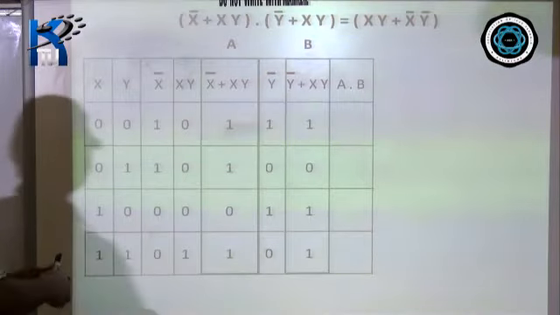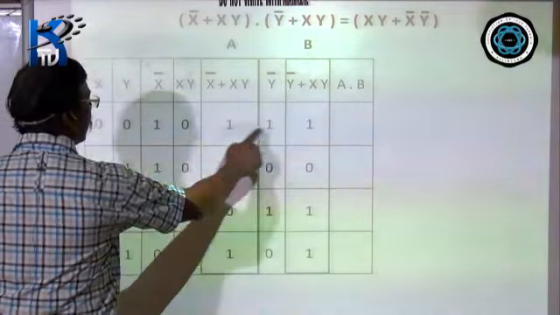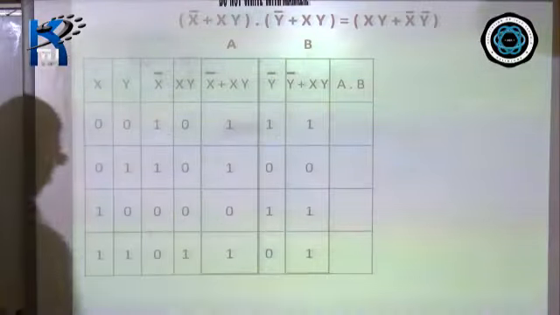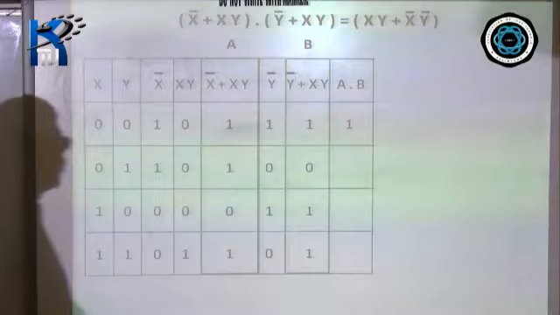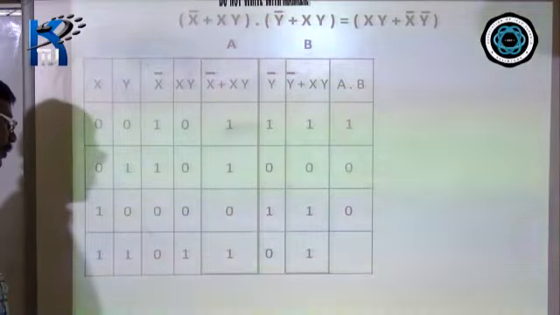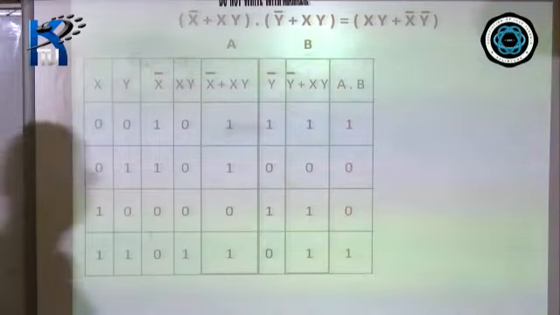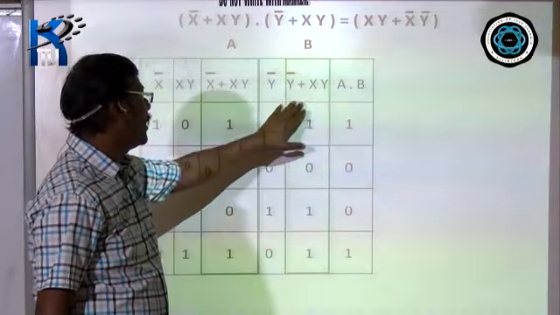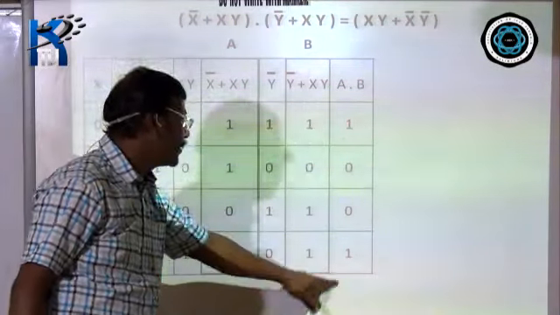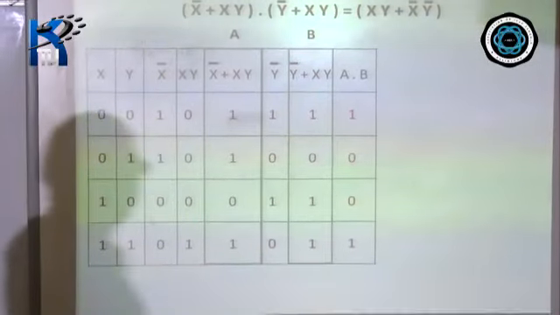Okay. So now we will use the AND gate between these two columns. So first row 1 1 is 1, 1 0 will be 0, 0 1 is also 0, and finally the last row 1 1 is 1. So this expression ANDed with this expression, you get this output 1 0 0 1.